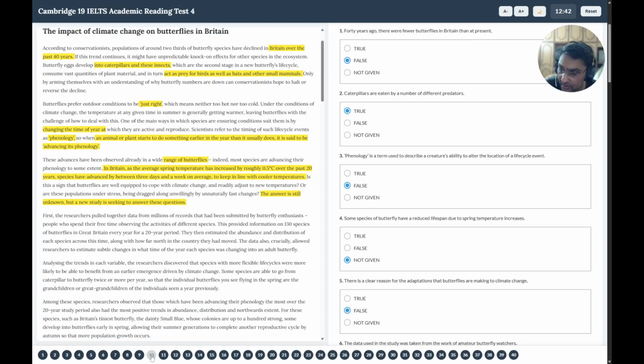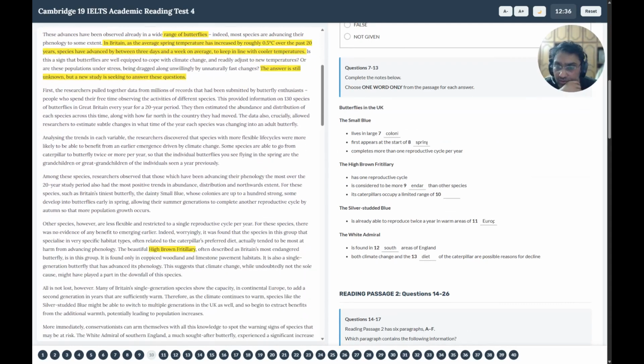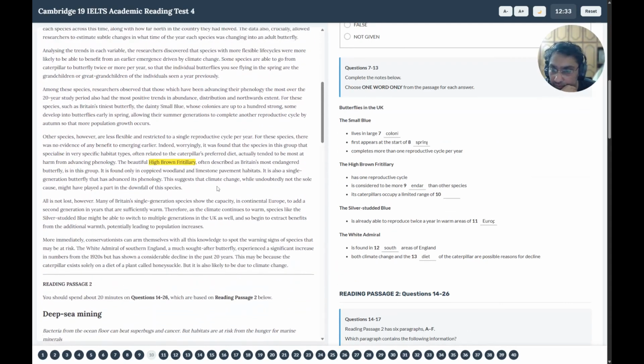Then we have question number 10. Occupy a limited range. And this was here, the high brown fritillary.